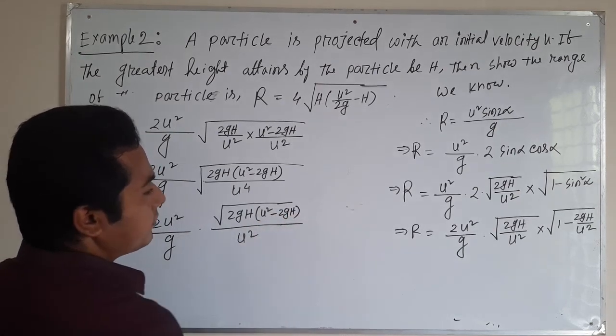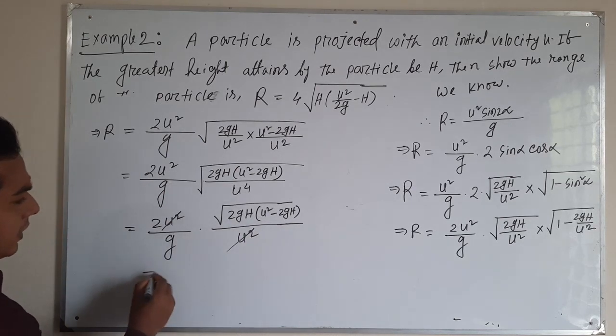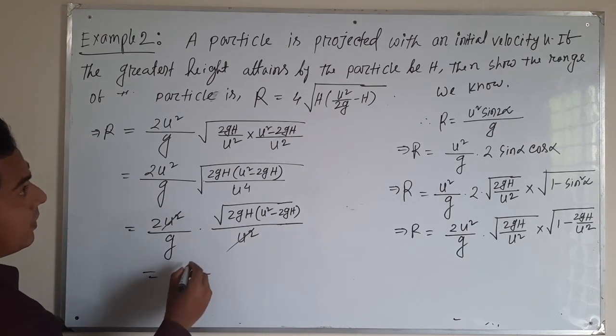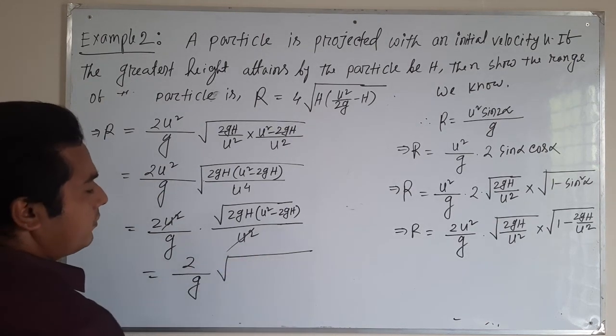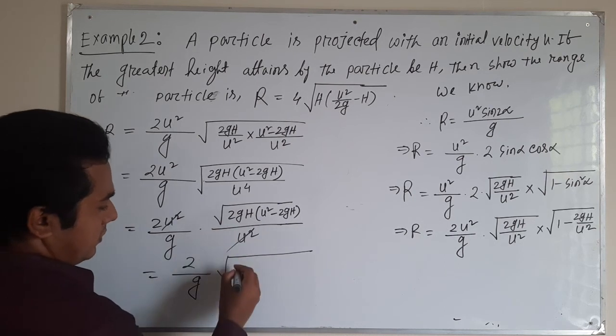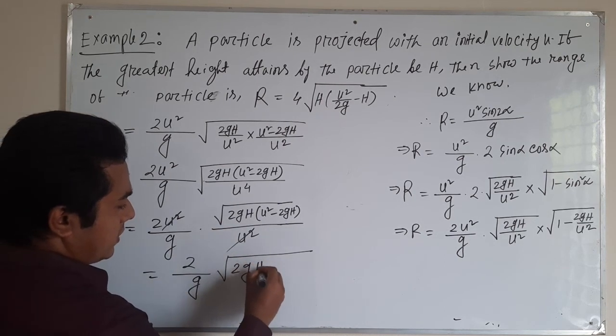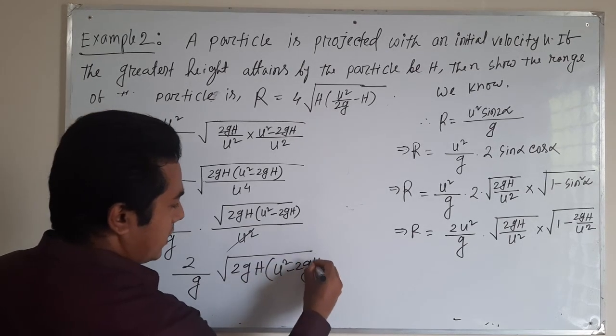Okay, and u square will be removed, then 2 divided by g root over 2gh into u square minus 2gh.